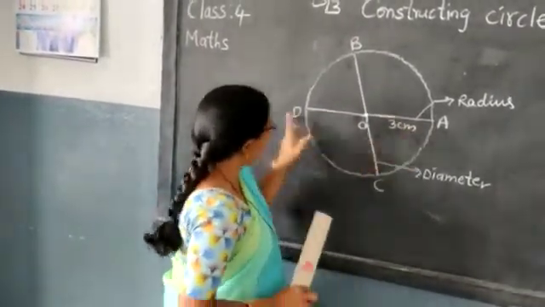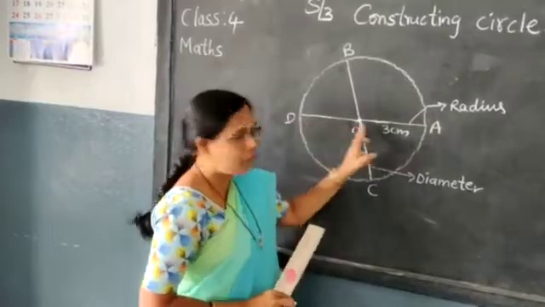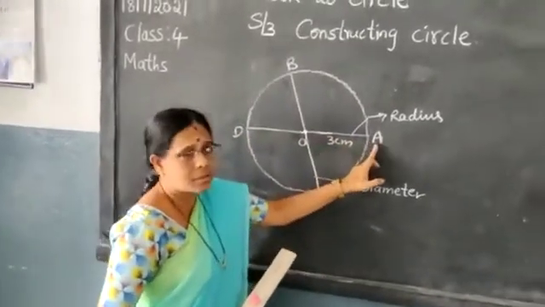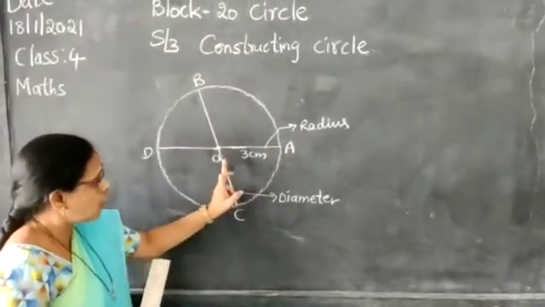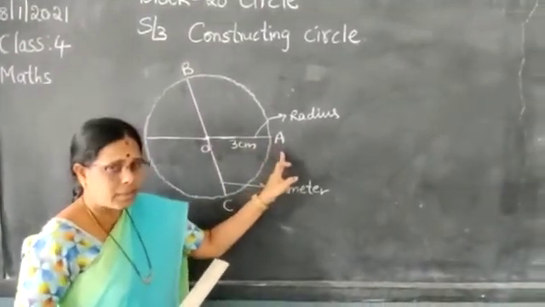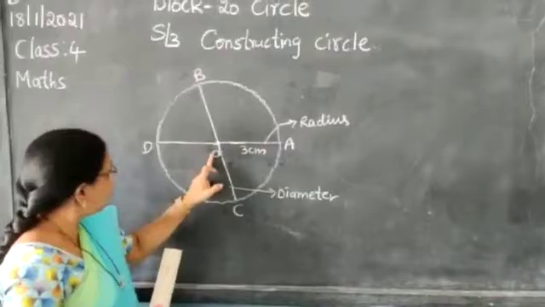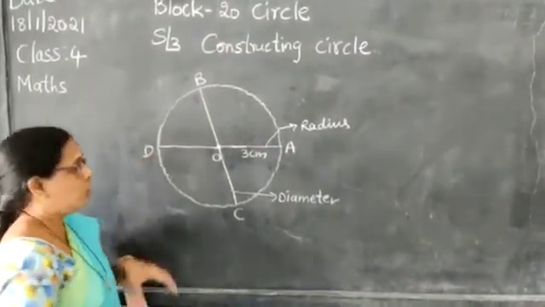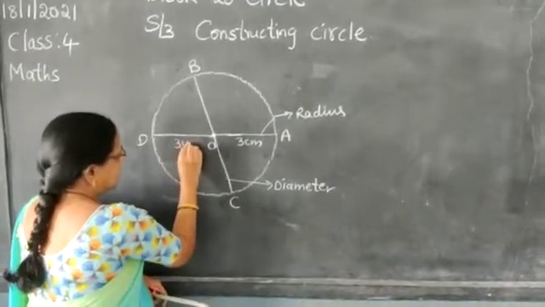Now AD is a diameter. Why? Because it is passing through the center of the circle. DA is the diameter. So now OA is 3 centimeter. Then how much is OD, children? OD is also 3 centimeter.